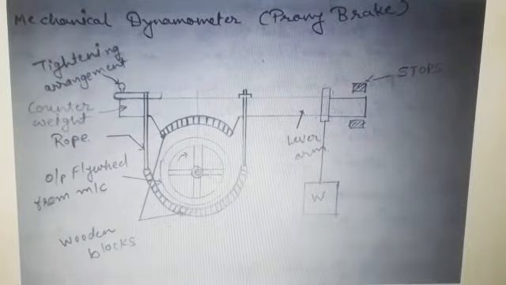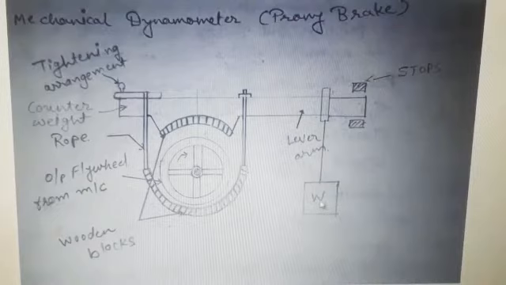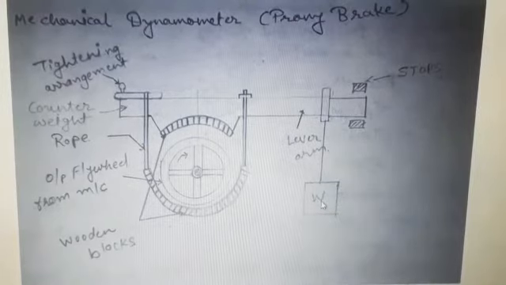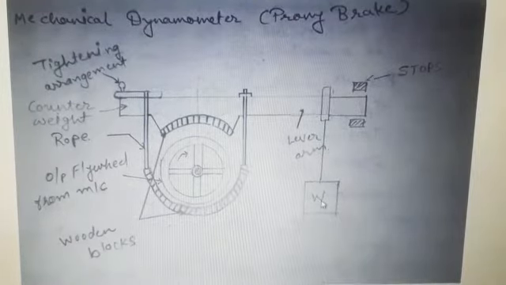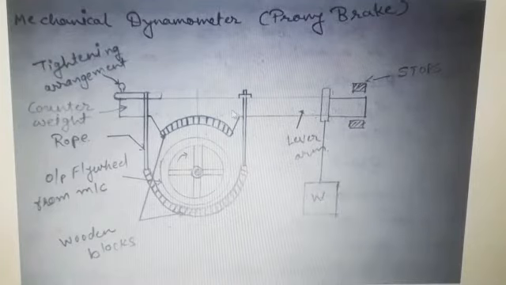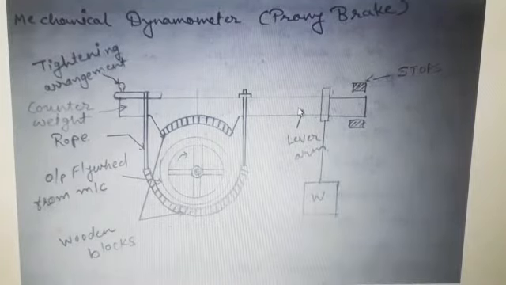When the brake drum is stopped, we note the value of this load, this weight, how much the load is here, and at that time what is the length of this lever.